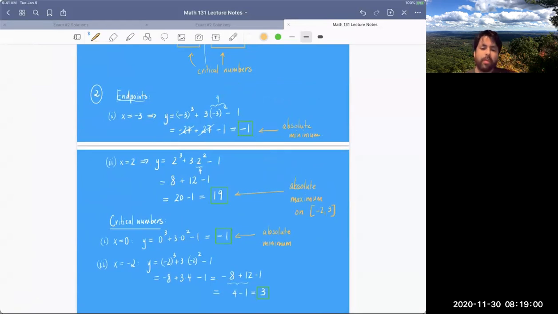What's the maximum output? In other words, what's that maximum y value? What's the minimum output? In other words, what's the minimum y value? So when we talk about values, we talk about y values. So this is an absolute minimum value. This is the absolute maximum value of my function on the interval -2 comma 3.